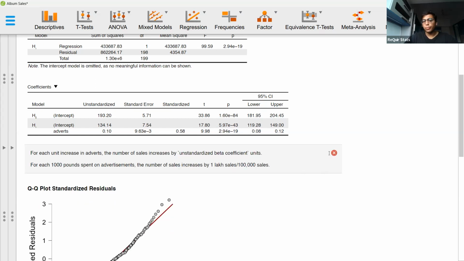I hope this is clear, and I am going to give you some time if you have any doubts right now. So this was linear regression with a continuous independent variable. The next example we are going to discuss is linear regression with a categorical independent variable.